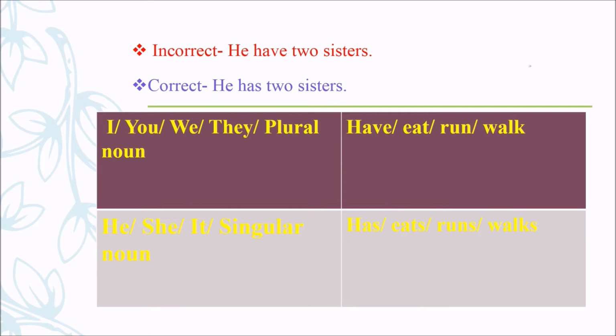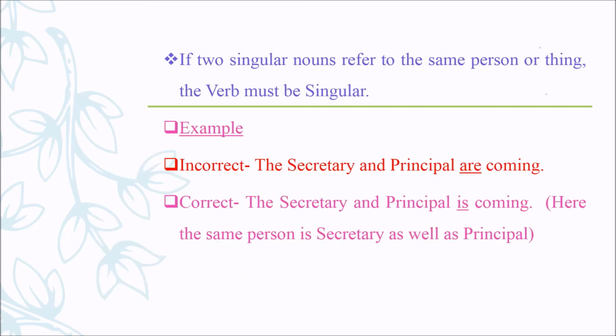But if the subject is he, she, it, or any singular noun, then we add s to the verb. Here, he has two sisters is the correct sentence.